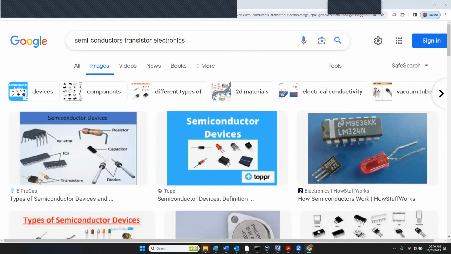And so these transistors are basically created out of semiconductors, silicon, right? And yes, there's metal that's embedded in the silicon.